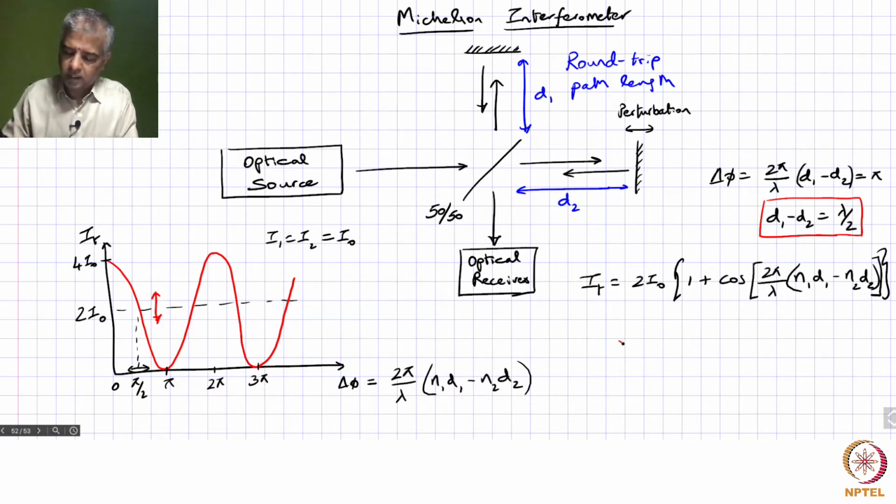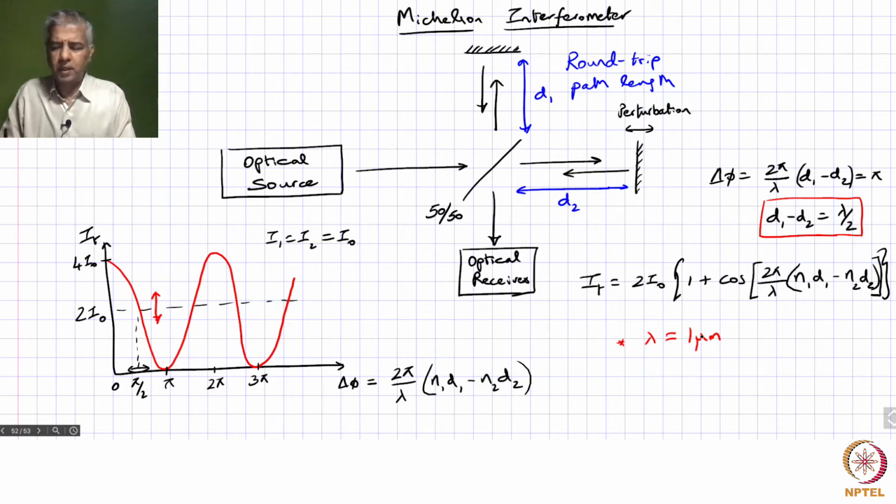In our case, lambda is in the order of 1 micron, maybe 1.5 micron, whatever wavelength you choose, it's around that order. The fact that we have the wavelength in the order of 1 micron means that delta d is in the order of half a micron to go from maximum to minimum.